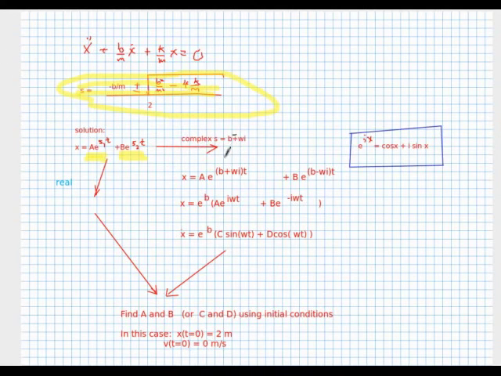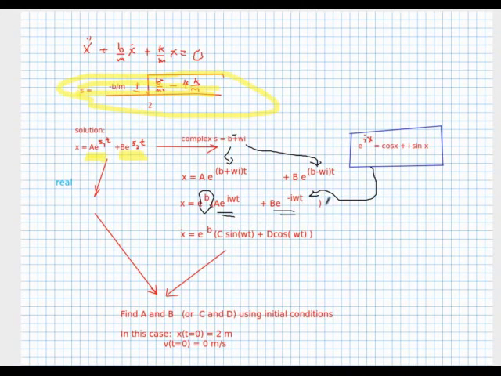So plug that in for s into our equation, and you can pull out an e to the b from both terms. So pull out that e to the b, and then you're left with a e to the i omega t and b e to the negative i omega t. You can then bring in Euler's relationship, substituting e to the ix for cosine x plus i sine x.